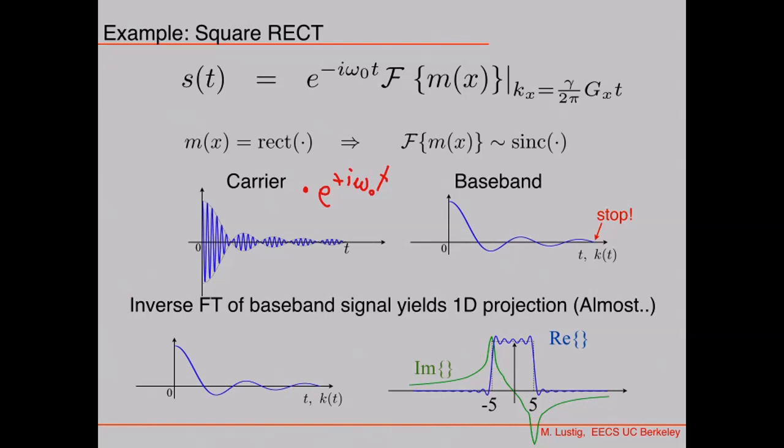Computing a Fourier transform of that would give me a real part which looks like a rect, and then an imaginary component that looks like that. So it's almost an image. It's not perfectly an image, and we'll get to how to fix that on Thursday.